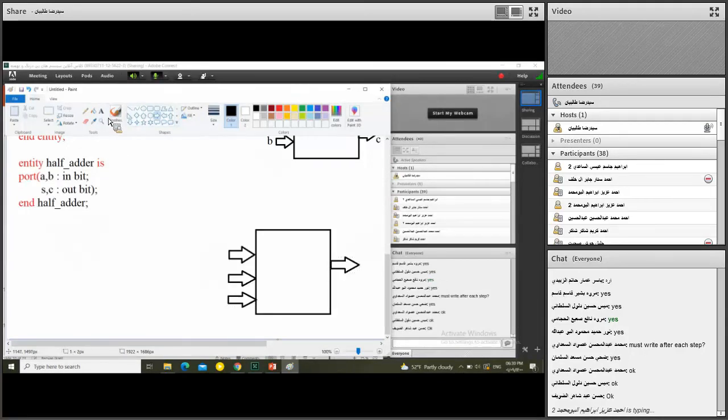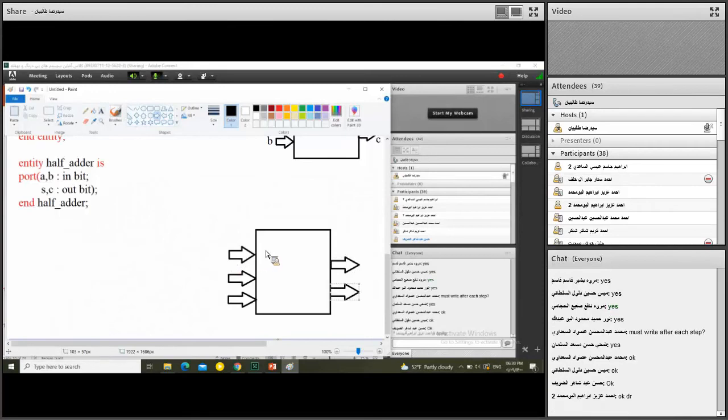Here we have another circuit. This circuit is very famous.